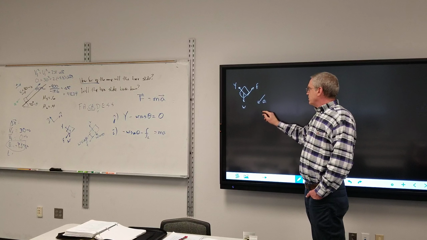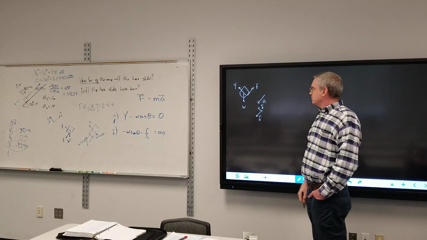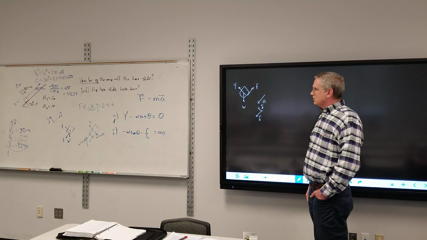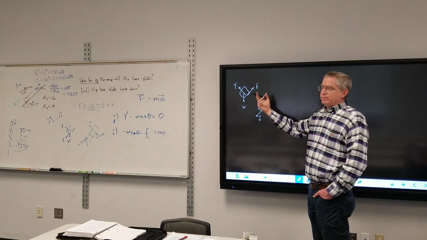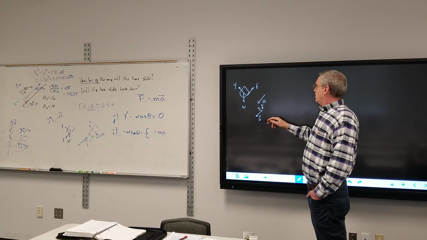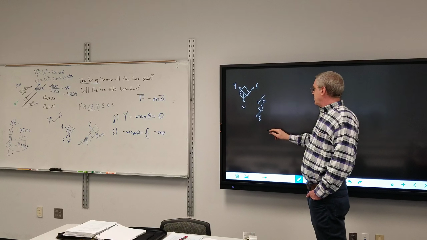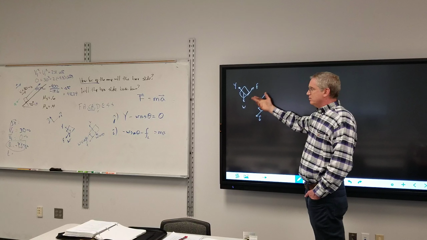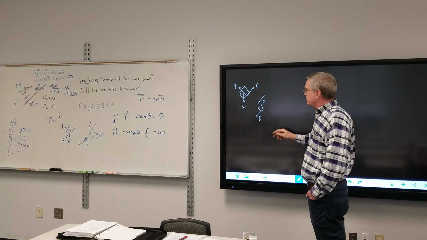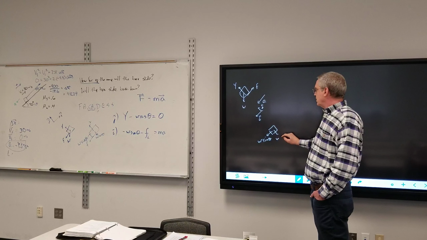So let's set up a coordinate system as such. I'm gonna make that i hat and j hat. I could have kept the same convention as over there, but why? So we've got decomposition. Weight gets broken up yet again. W sine theta down the ramp, W cosine theta into the ramp.